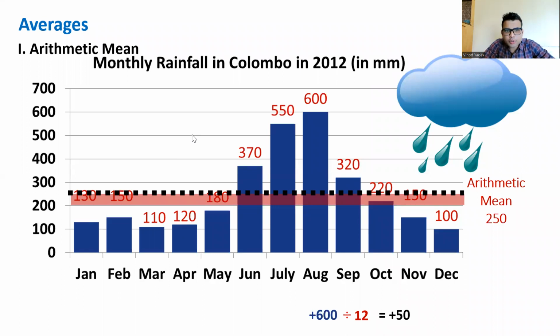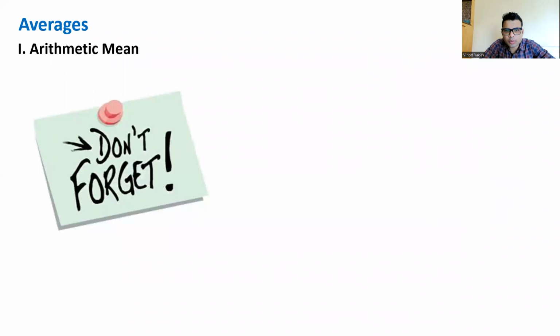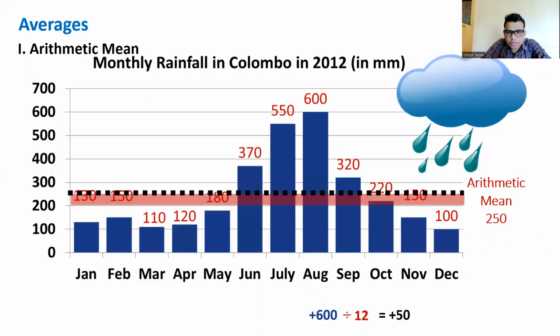All right, friends, understood this arithmetic mean by assumed mean method? Okay. Now, as you just now saw, the lowest value among all these values was 100, correct? And the highest was 600. So when unequal values come down to an equal level, what is happening?